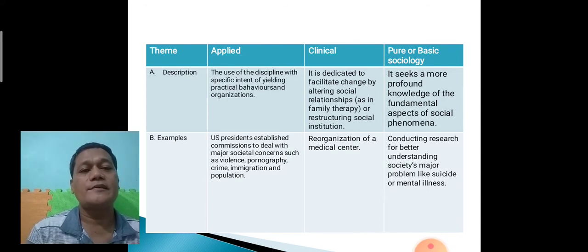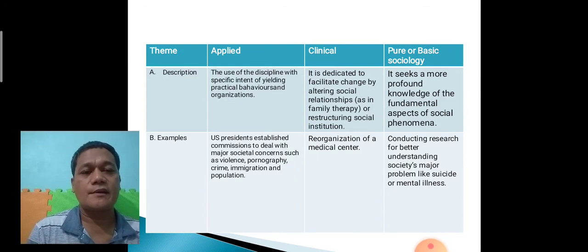So, may example dyan, mga US President for almost more than 40 or 50 years, lahat ng US President, usually nag-establish sila, even dito sa ating country, at sinundan din ng even other countries of the world, lalo na mga democratic countries, nag-establish sila ng mga commissions to deal with major sociological concerns such as violence, pornography, crime, immigration, and population.